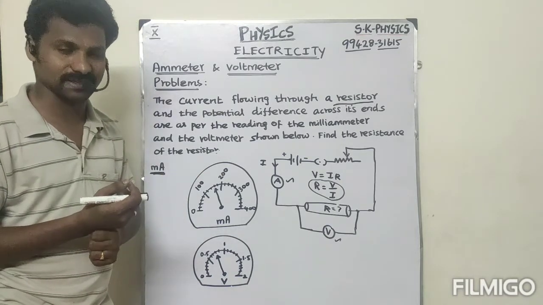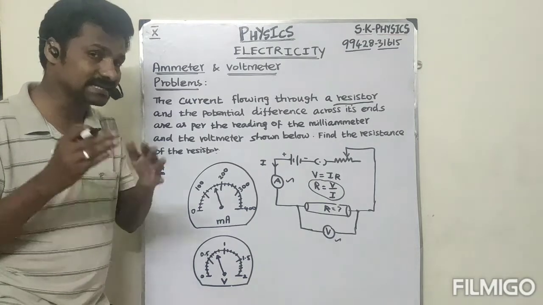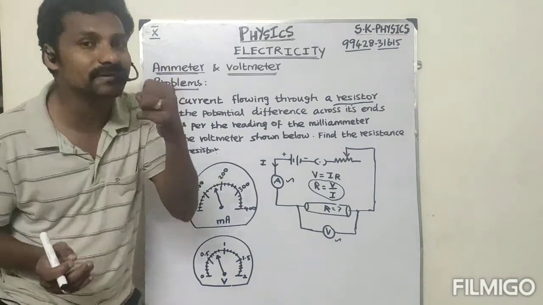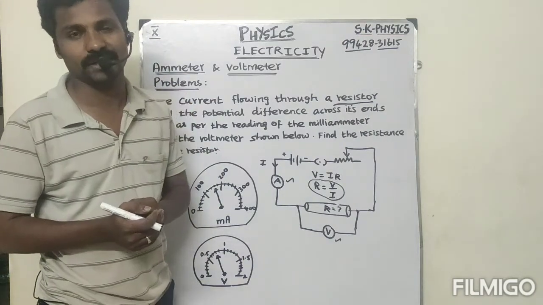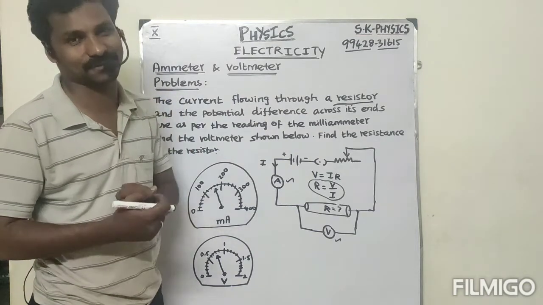That is milligram. It is already studied in lower standard. So least count is nothing but the minimum value which can be measured.